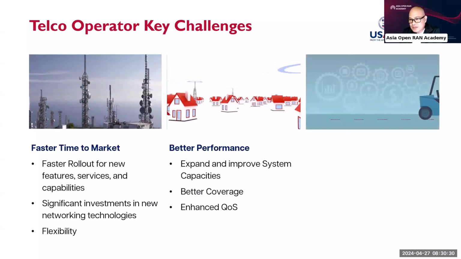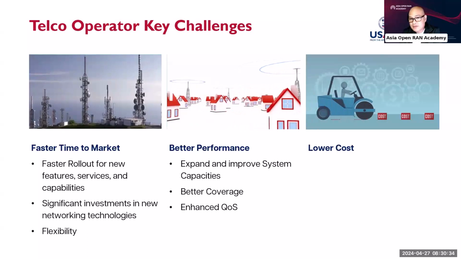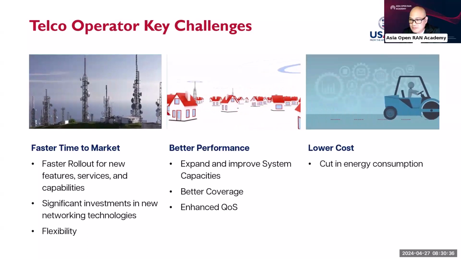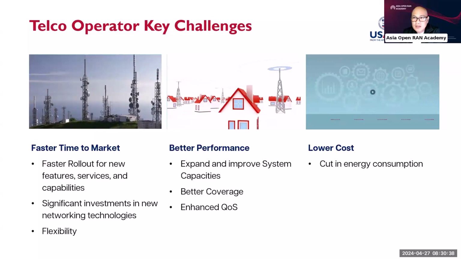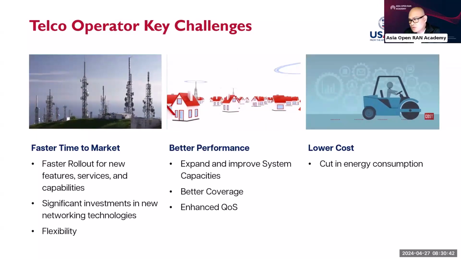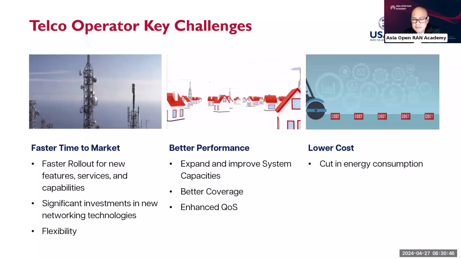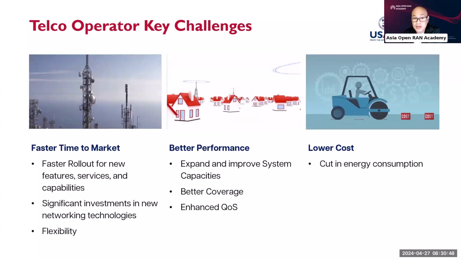And of course, the last one is to lower the cost of implementation. Number one is to cut energy consumption. In the deployment of a radio access network, more than 50% of the power is utilized by the radios, or the RRUs.